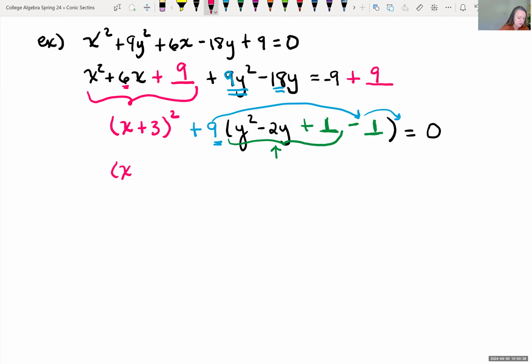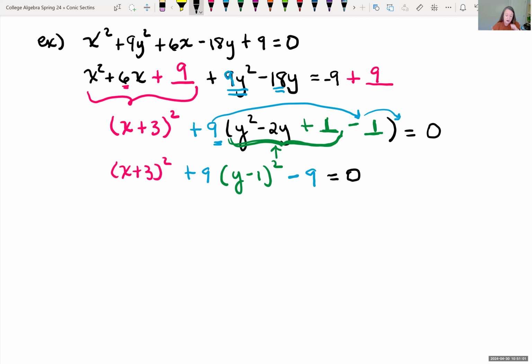This is x plus 3, bringing down my x plus 3 quantity squared, plus 9. What's left inside this parentheses is now a perfect square. So that's y minus 1 quantity squared. But I multiplied 9 times -1 and I pulled it outside of the parentheses. So this would be a -9 outside the parentheses equals 0.